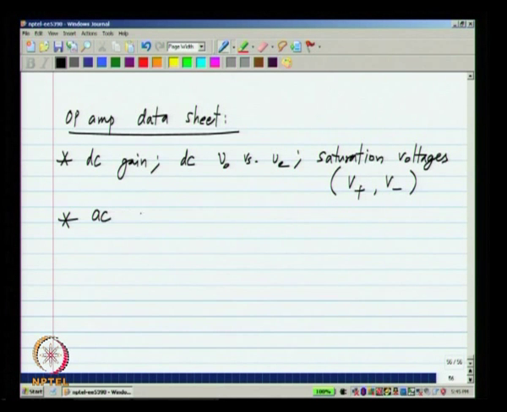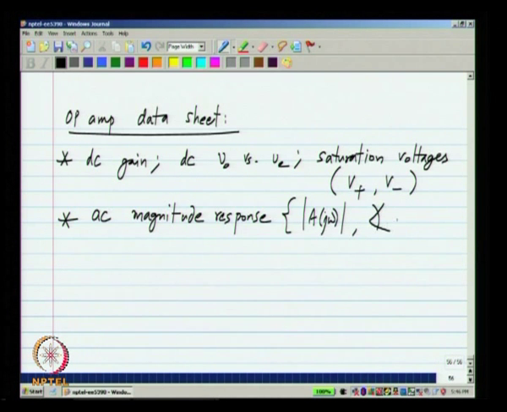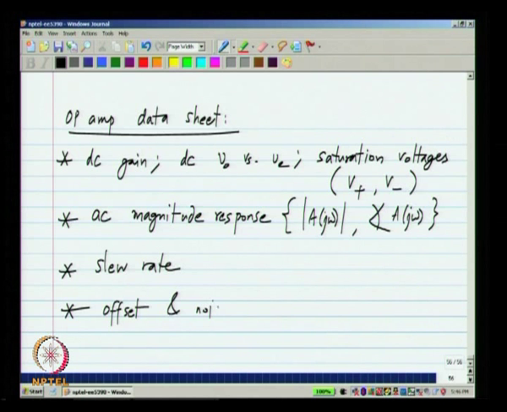It will have the AC magnitude response, which basically means the magnitude of the op amp gain and the phase of the op amp's gain. It will mention the slew rate, and it will also give you the offset and noise voltages. Exactly how the offset and noise voltages are specified, we will see later.